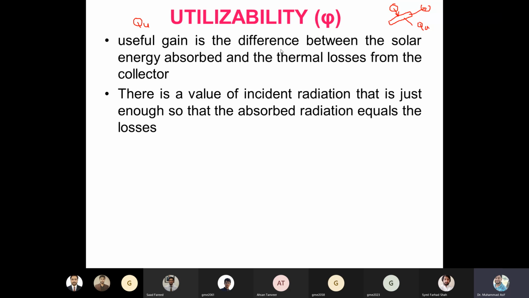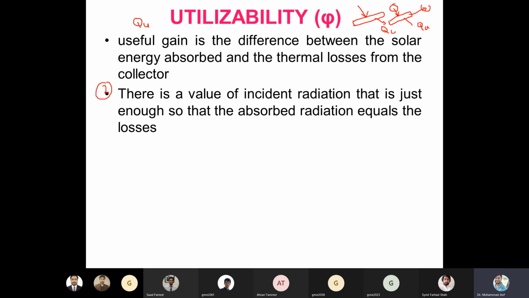There could be a value where the incident radiation is just enough so that the absorbed radiation equals the losses. Let's say the second condition is possible: if you have a collector and the amount of solar energy absorbed is just enough to compensate the losses only, that is, equal to Q_L only, right?